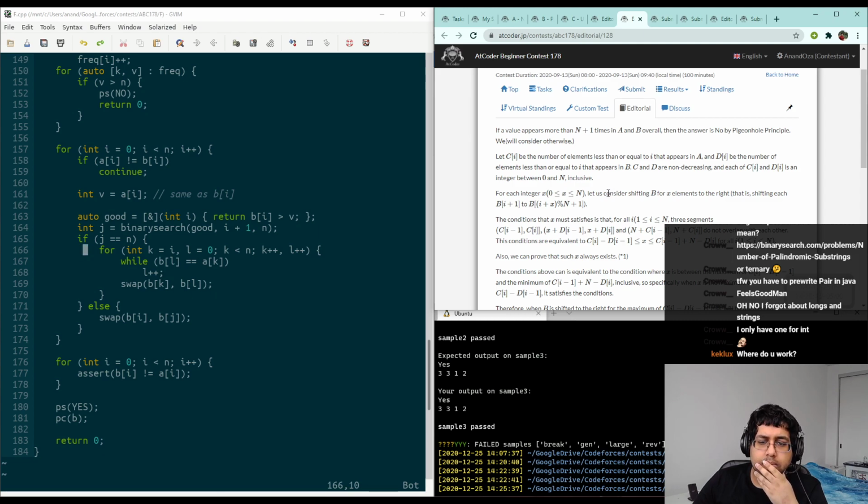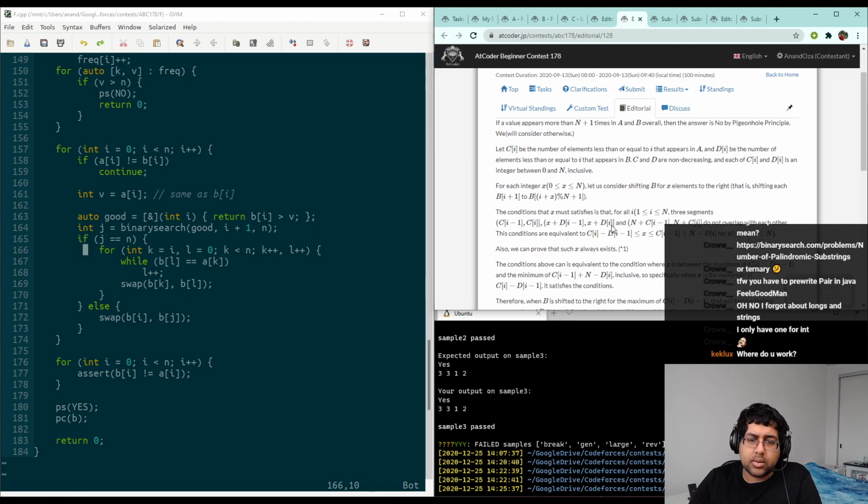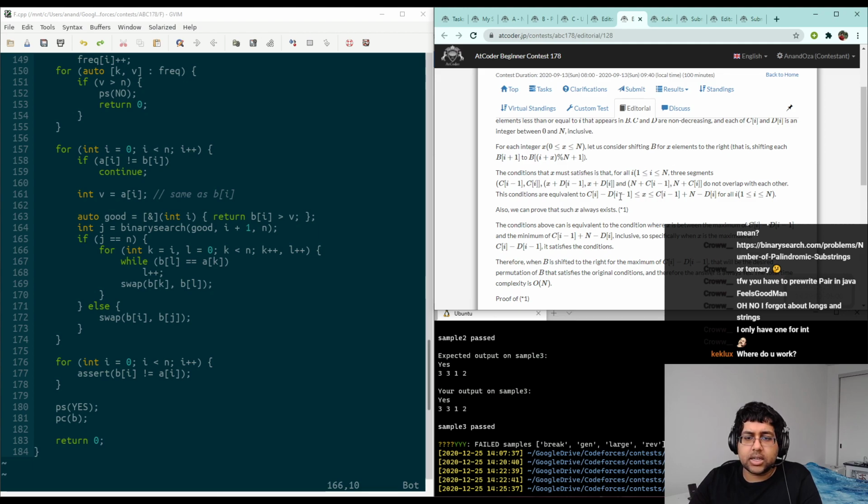Okay. So you want to shift B in such a way that if you have an interval, then okay, yeah, so you shift it onto the next interval.